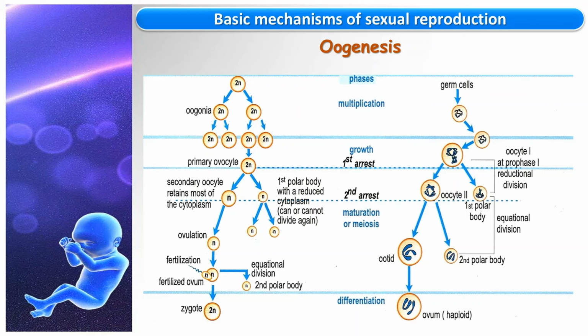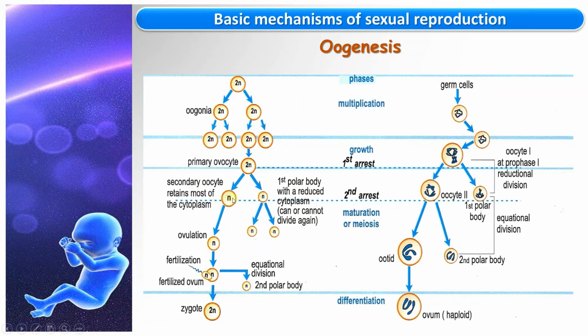Now, after puberty and a few hours before ovulation, the oocyte 1 already blocked at prophase 1 completes the first meiotic division to give two unequal cells, the first polar body and an oocyte 2 with N chromosomes.